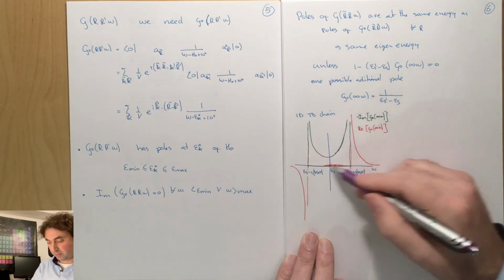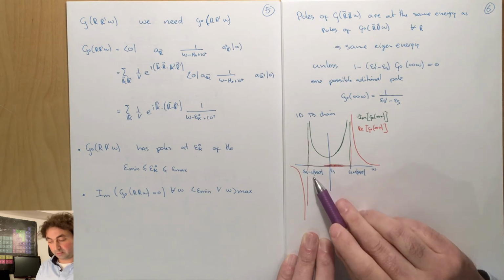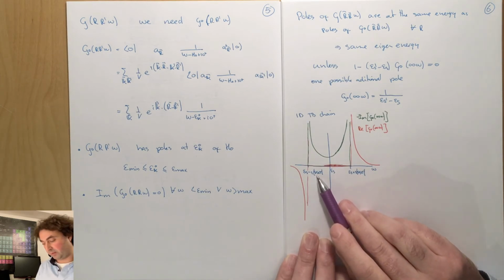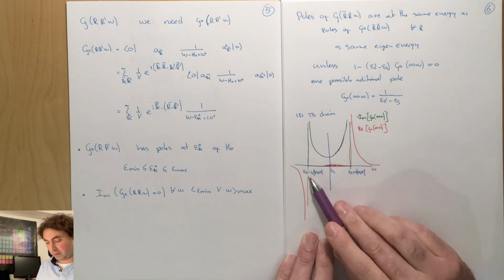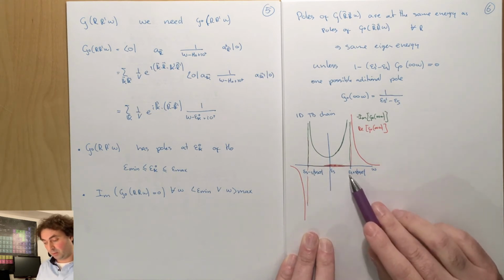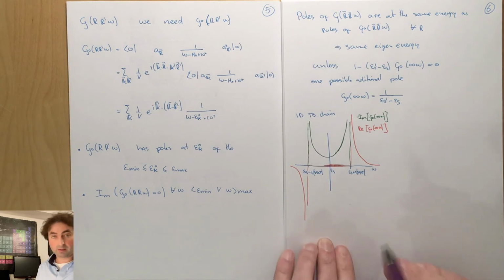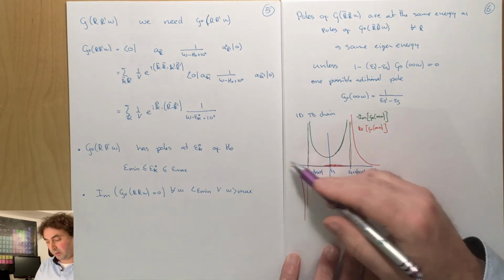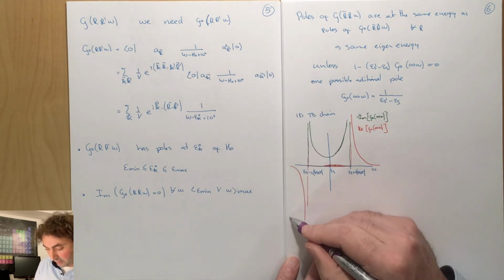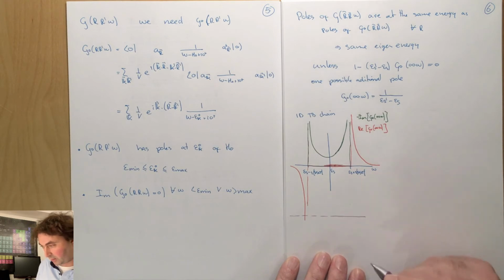And we see that for energy smaller than epsilon s minus 2 times the absolute value of ss sigma, or larger than epsilon s plus 2 ss sigma, you're outside the bandwidth, and therefore the imaginary part is 0, and we have a real part, and that real part is diverging.